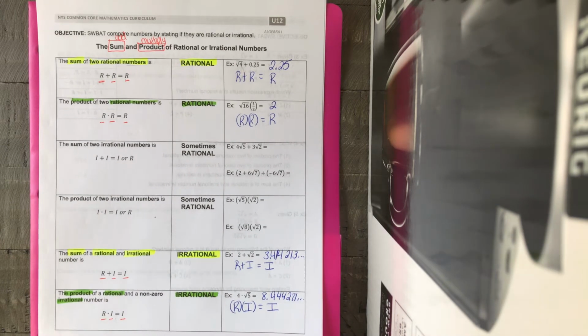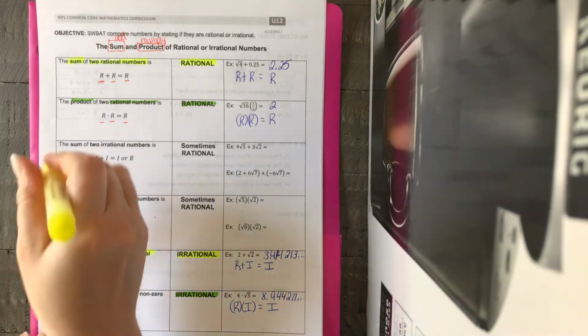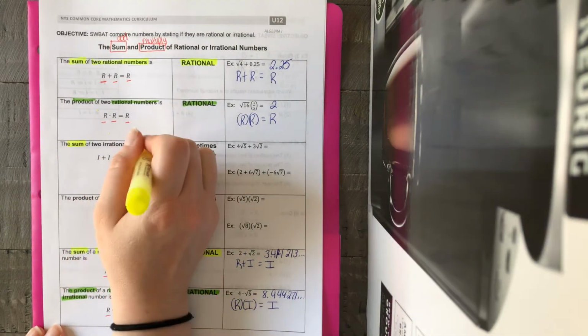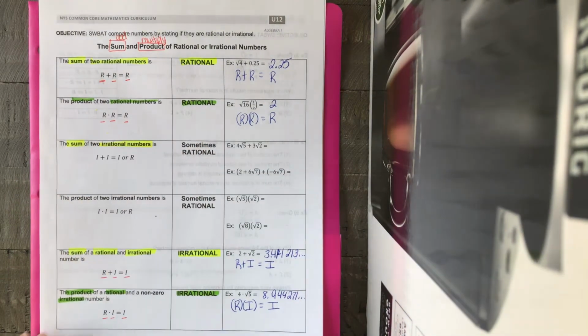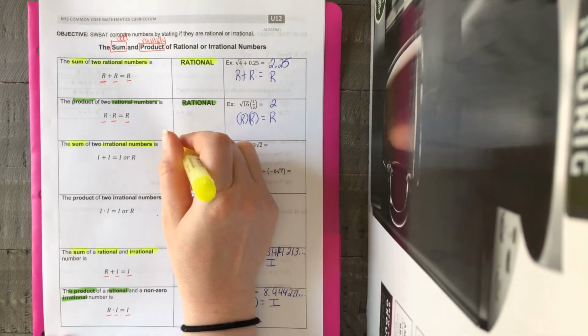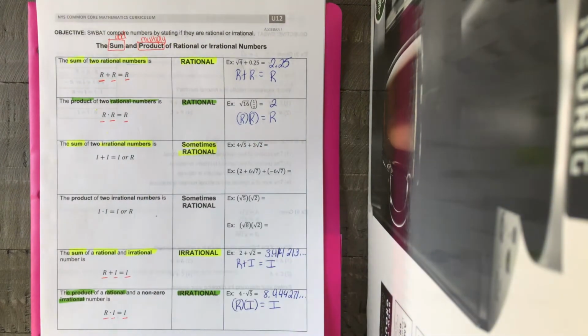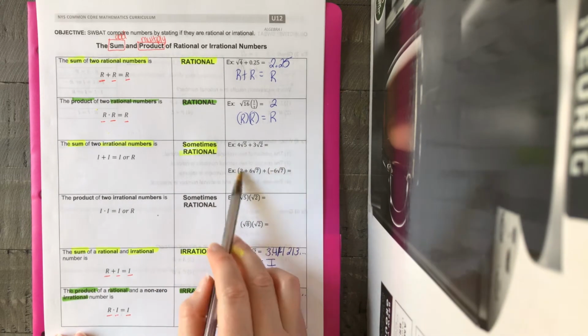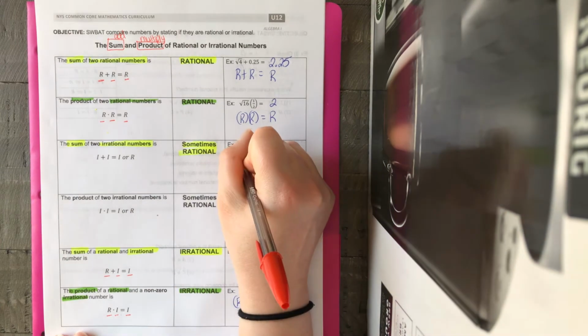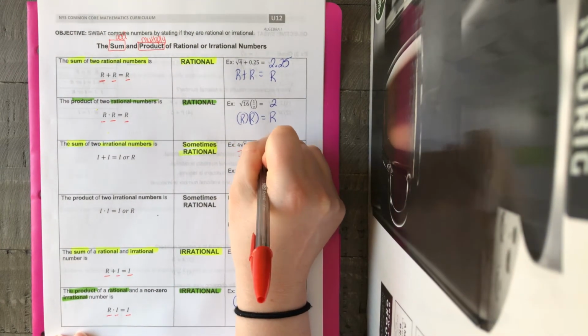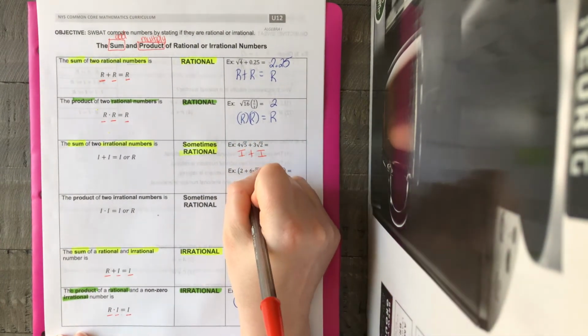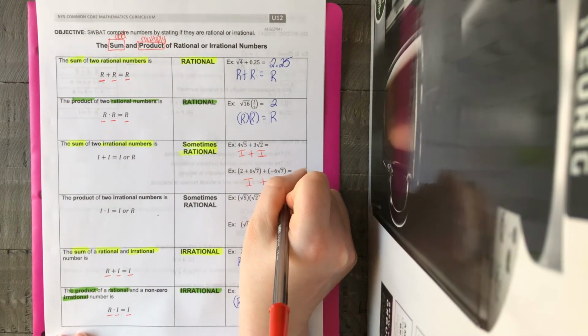So if we look here, it's saying that the sum, so when I add two irrational numbers, sometimes my answer is rational, sometimes it's not. So I'm going to just show you that in this work on the side. I know that these are both irrational numbers, and again, I know these are both irrational numbers.